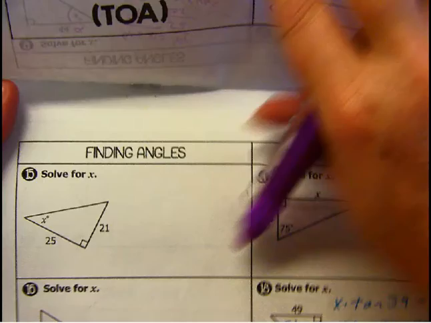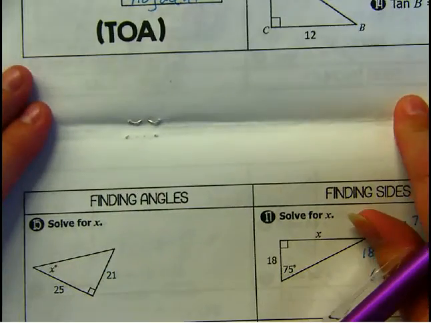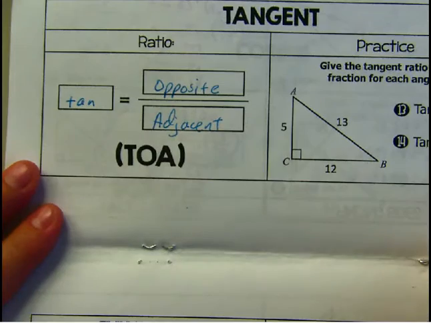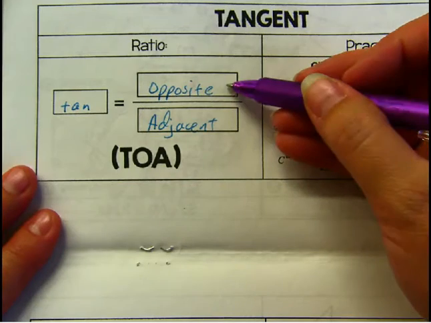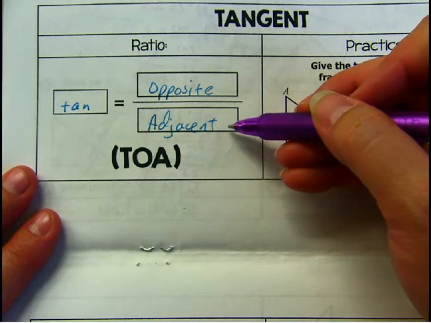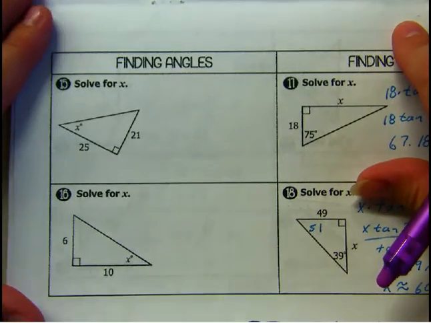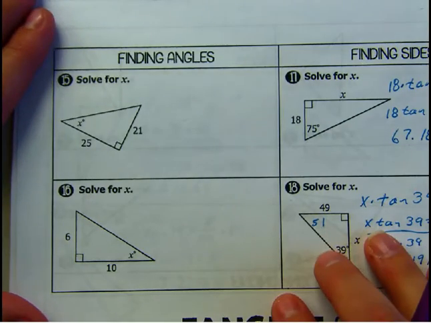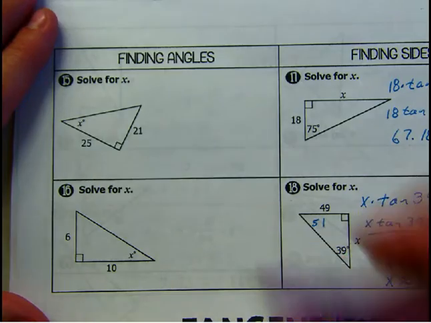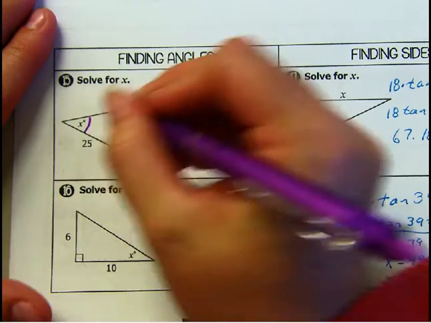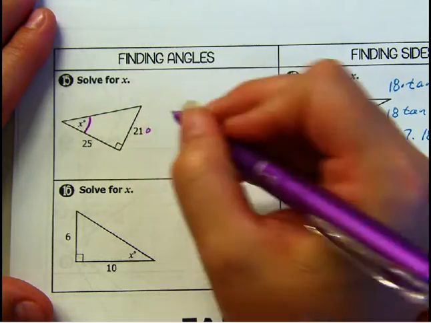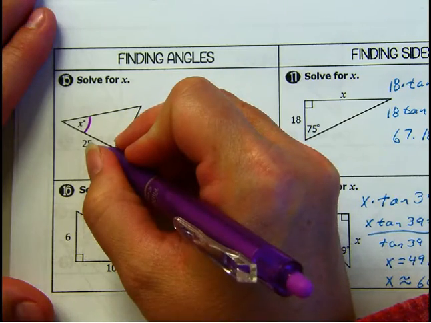The next page is tangent. So remember, tangent is opposite over adjacent. So looking at examples 15 and 16, starting out by looking at our angle, we have our opposite, which is 21, our adjacent is 25.